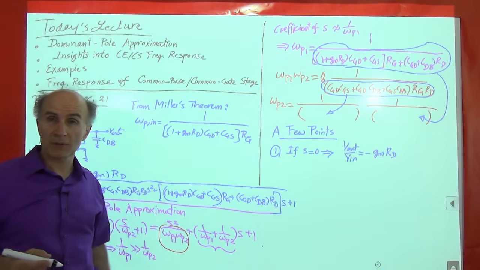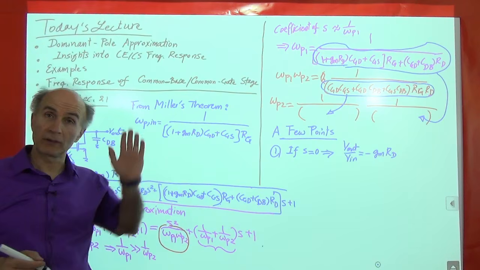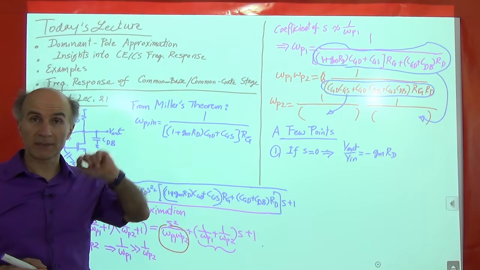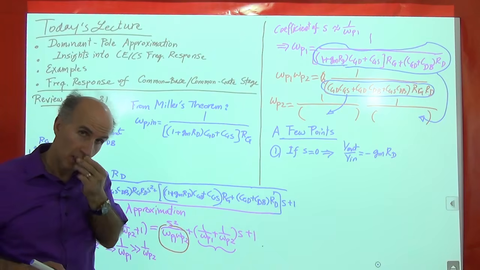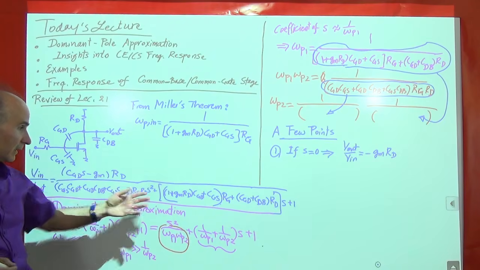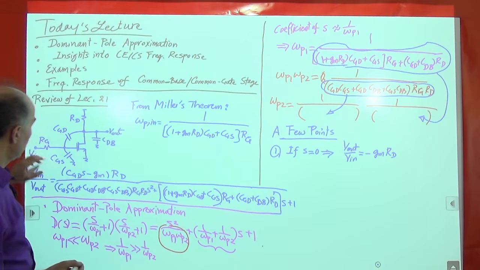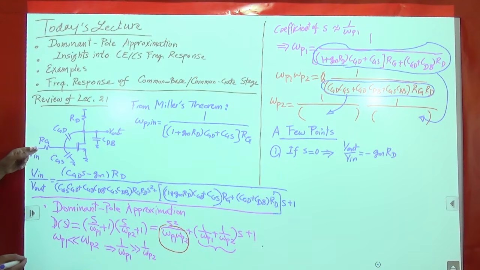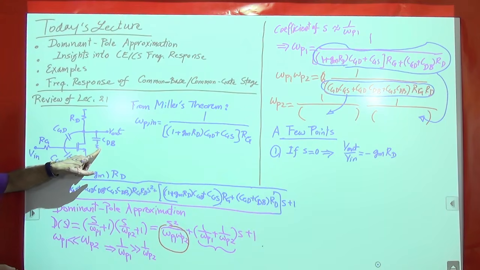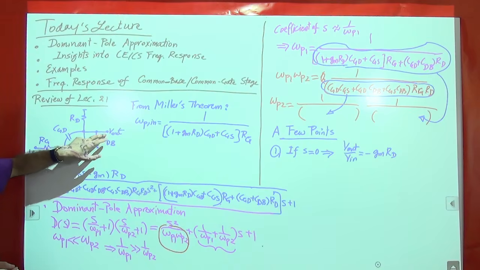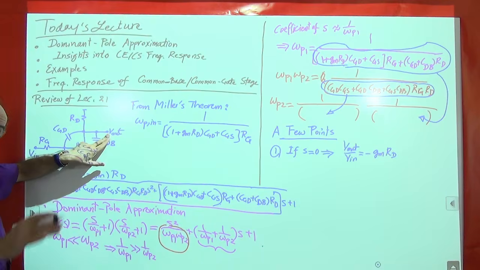Okay, now sometimes it's also good to let S go to infinity and see what happens at very, very high frequencies. In this case, if S goes to infinity, this goes to 0. Why? Well, because at very high frequencies, if we generate a signal here, the signal will be shorted to ground by this capacitor and also by this capacitor, right? So at very, very high frequencies, we get no signal at the output. It's all attenuated completely.